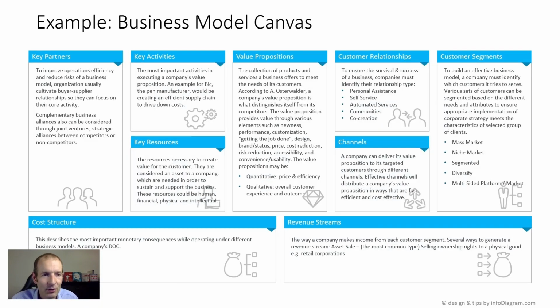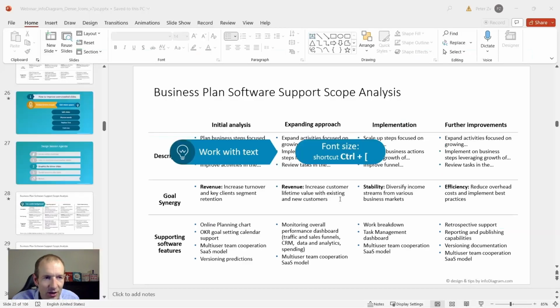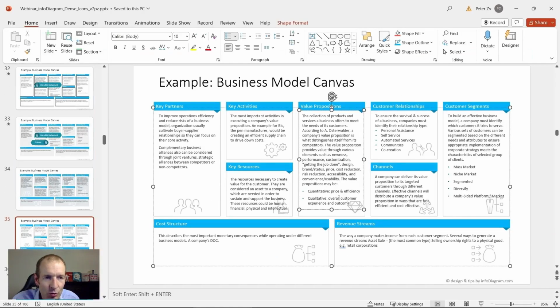On this example, we can already see there are some conflicts. For example, this icon here is already quite interfering with the text, or this diamond here. So what we can do is try to move the text a bit. For example, here I can put a soft enter just to create space around the icon. The same I could do here or here.